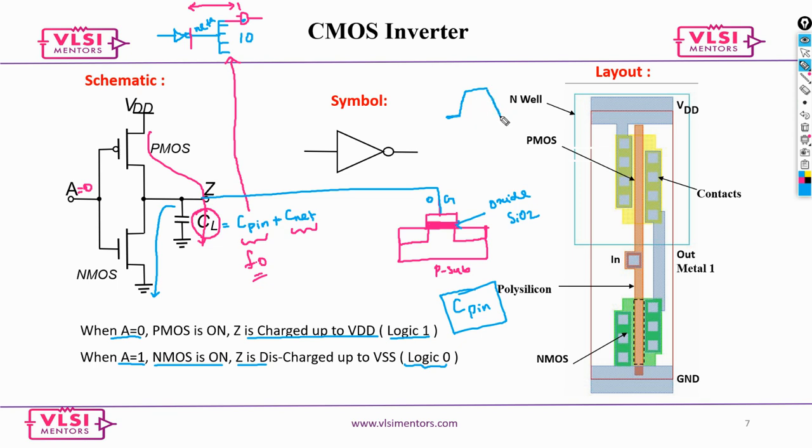And again, if it is pulled down, when it gets discharged, it becomes logic 0. So this is the basic understanding that you should have. Then you are very good in your device level understanding. Is that clear? Anyone has any question, you can raise your hand or unmute and ask.